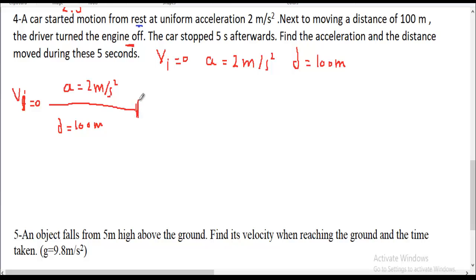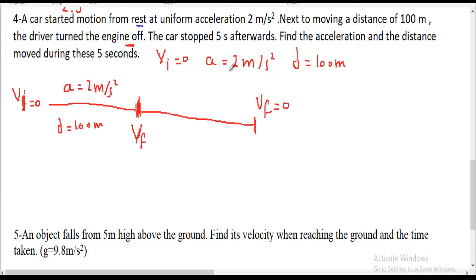Then the driver turned the engine off, so you will start another trip, but you will slow down. So you don't have the final velocity here. The final velocity in this trip will be the initial velocity in the second trip. The car stopped.